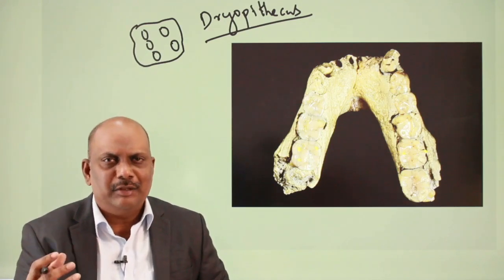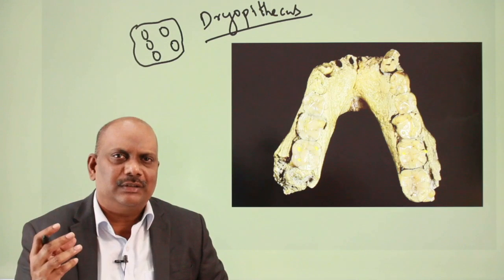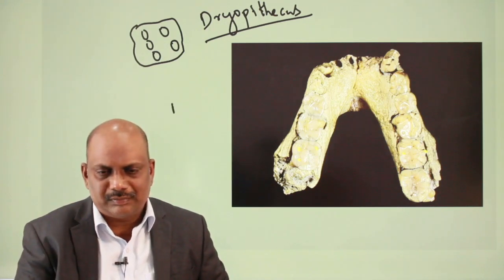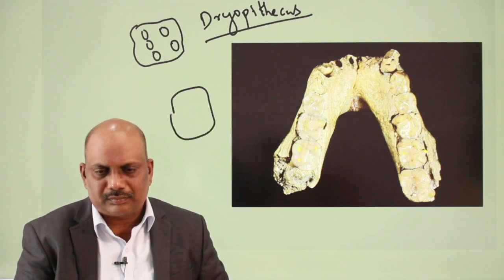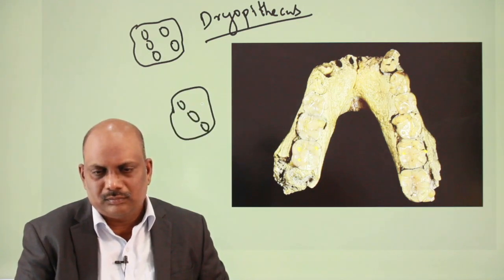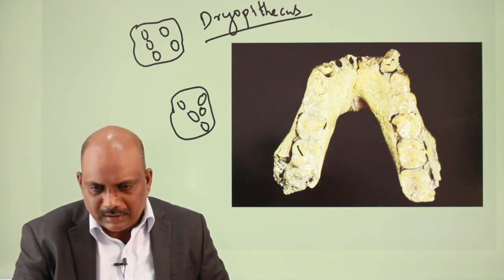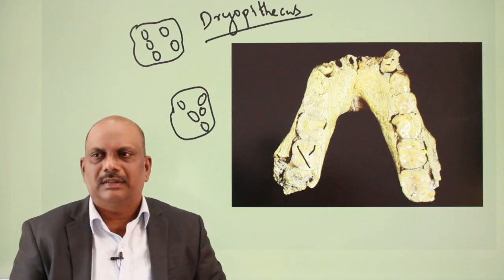They had 5 cusps, and the cusps were arranged in a Y shape. It used to be like this.